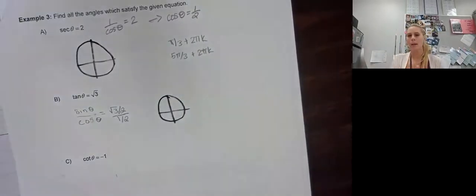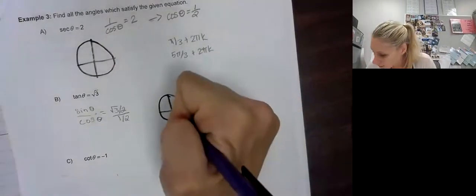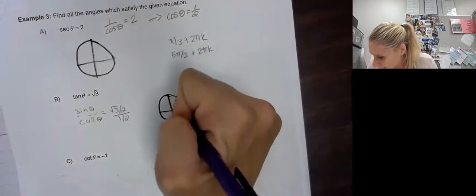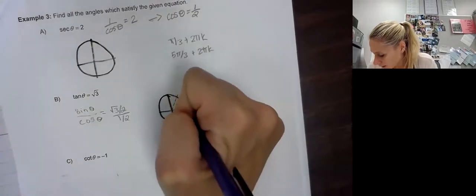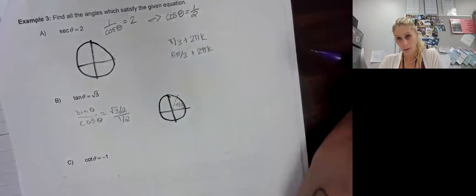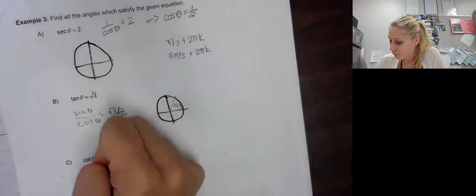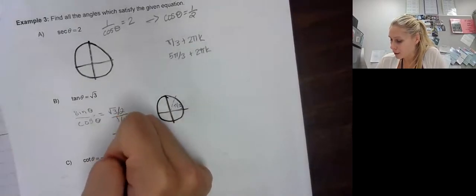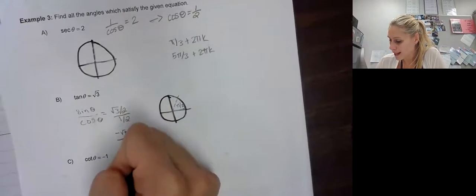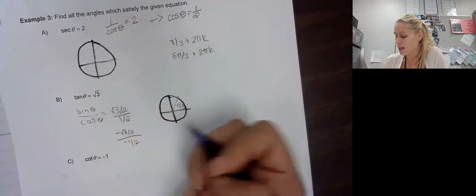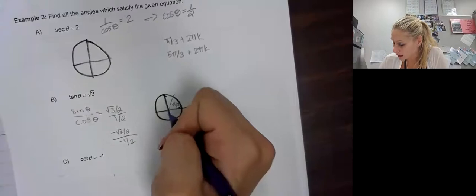Okay, well, if we think about it, that's the first quadrant, right? And that is pi over 3. So that's awesome. But that's positive square root of 3, right? What's another way that we can make a positive number? Negative over negative. So the other thing I have to look for is negative square root of 3 over 2 for sine and negative 1/2 for cosine. So it has to both be negative, which is right over here.